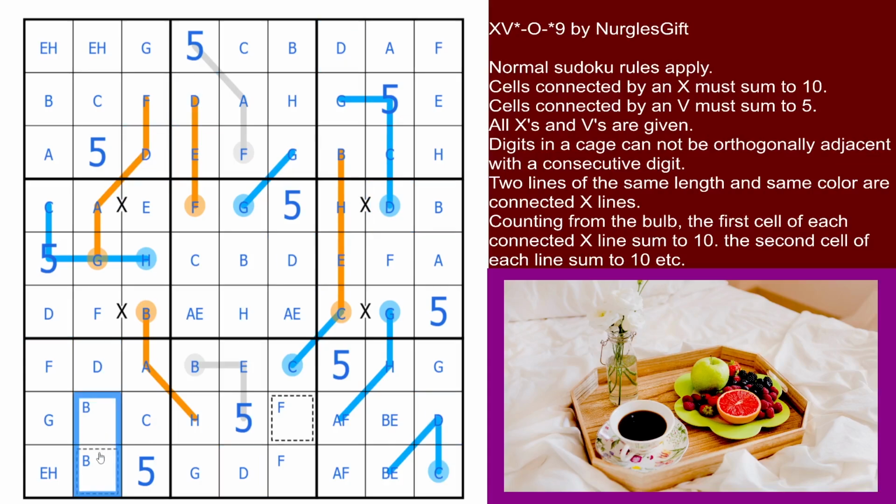Okay, what are these two? B is there. B and B, E, H. Okay. That can't be H because of D. So we have marked everything, right? Except these two now. That's A. A, F. Is that correct?